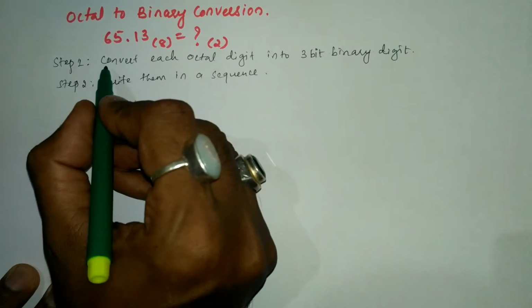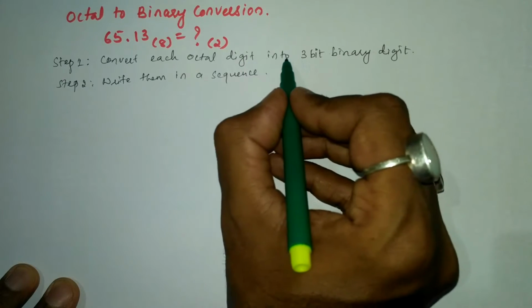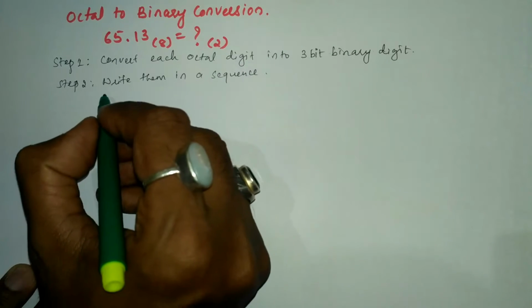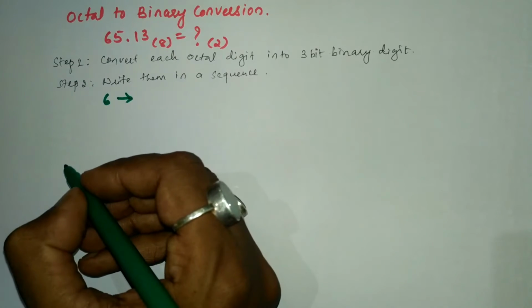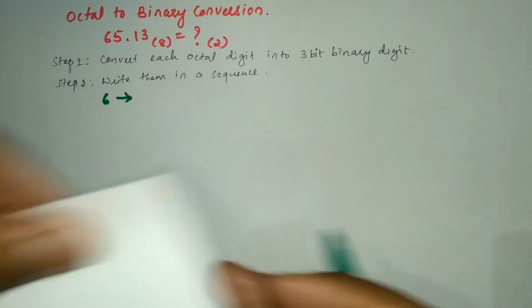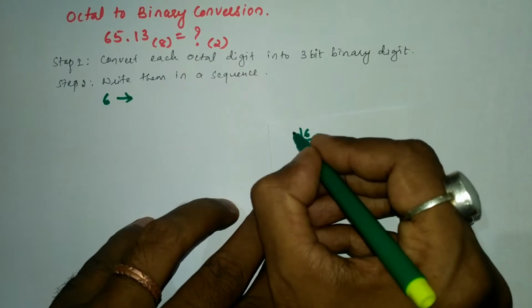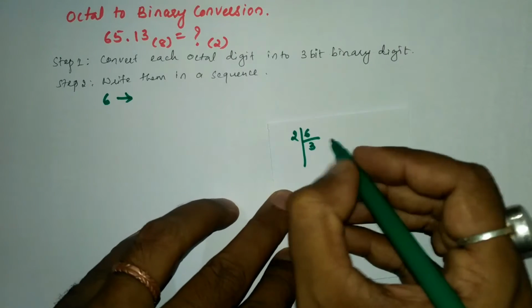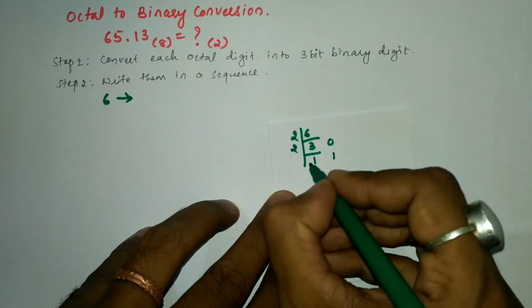Here the first step says that convert each octal digit into a 3-bit binary digit. So here I'm going to write first 6 and convert this one into binary. So we have to divide 6 by 2. 2 3s are 6, remainder is 0. 2 1s are 2, remainder is 1.